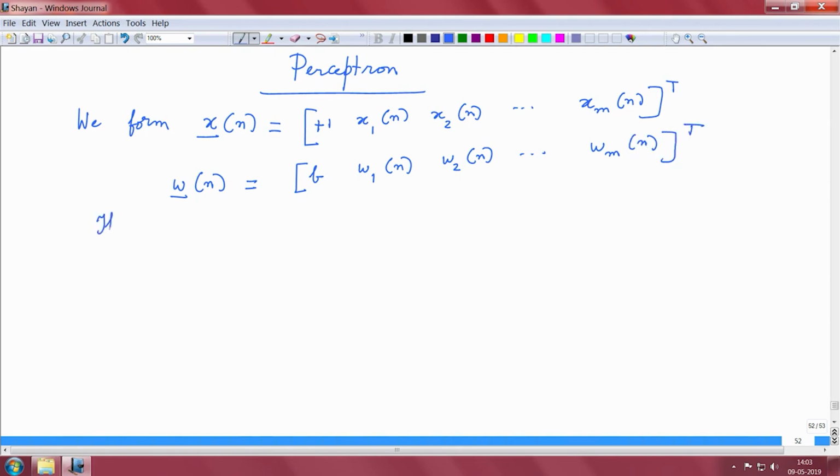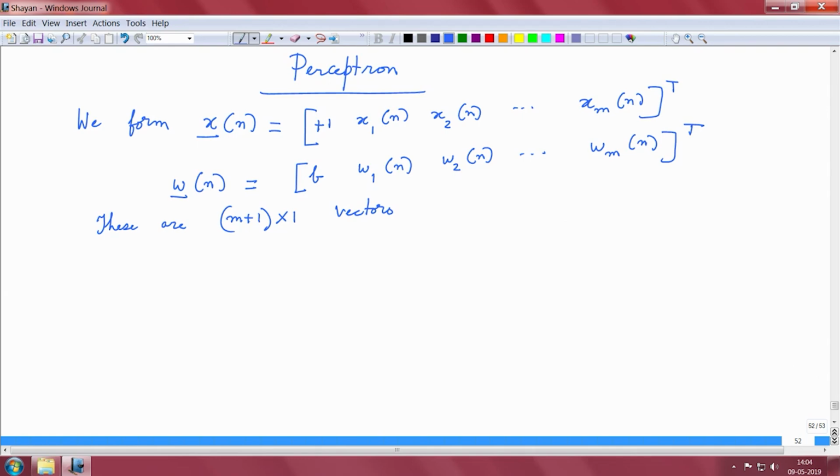So, these are m plus 1 by 1 vectors. The n signifies that we are operating in online mode and we are getting these vectors sequentially at time n. So, the indication of the time order is basically n there.